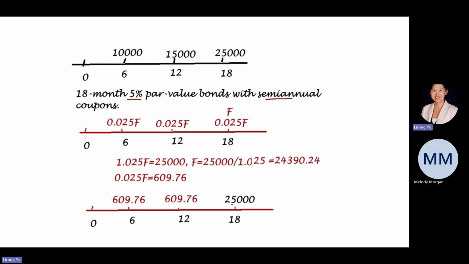Now you have the whole cash flow at 6 months, 12 months, and 18 months. The 18 months is actually 1.025 F, F being the calculated value. So the last line of the timeline is the targeted cash flow for that 18 months coupon bond.